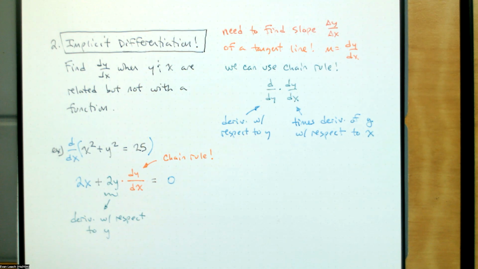The x squared derivative and the 25 derivative, those are just like normal. But when we write 2y, that's the derivative with respect to y. The chain rule says multiply by the derivative of y with respect to x. But we took y as our inside function.